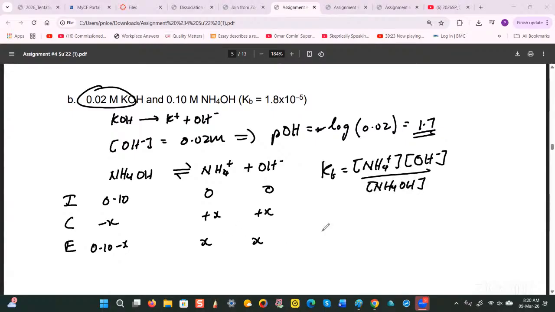And then we plug in these terms into that equation like we did before. You're going to end up with x squared over 0.10 minus x, and that would be equal to 1.8 times 10 to the minus 5, right?